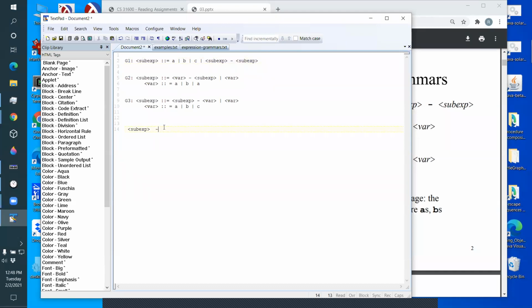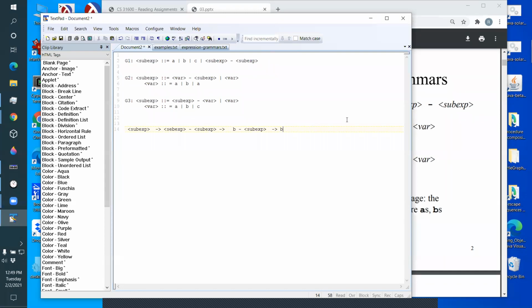So I'll pick sub-expression minus sub-expression. Now what does that give me? Well, I can do the same thing: take the left one and start back over. That can give me a B, and I'm still left with minus sub-expression. Then I can say what that sub-expression is.